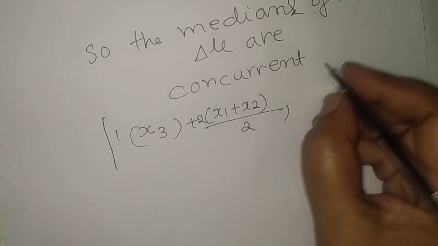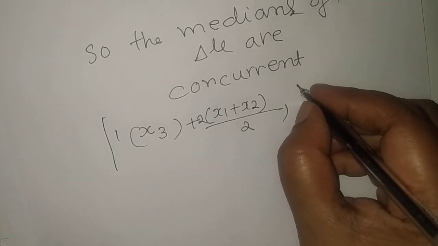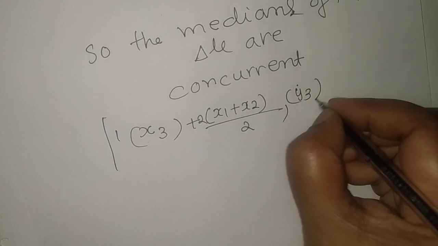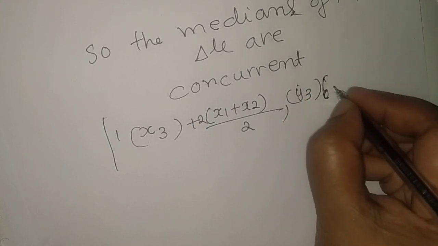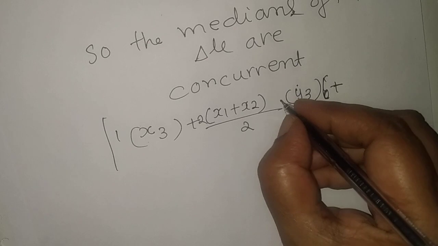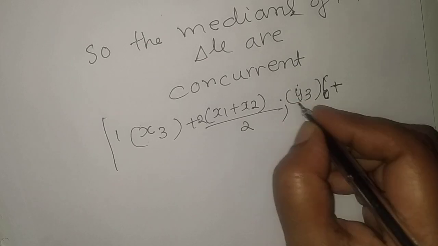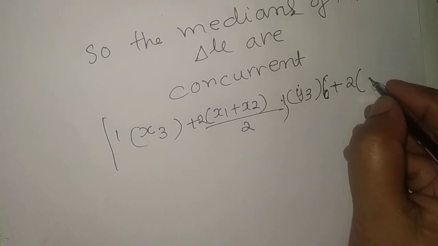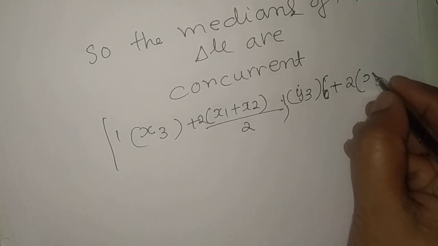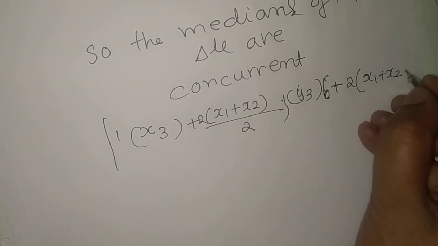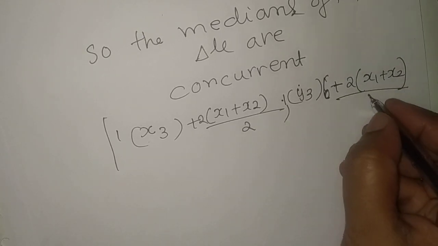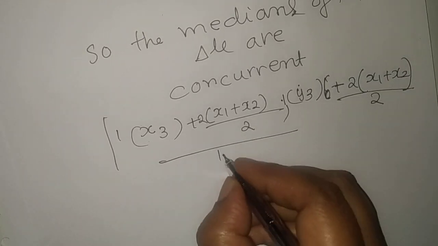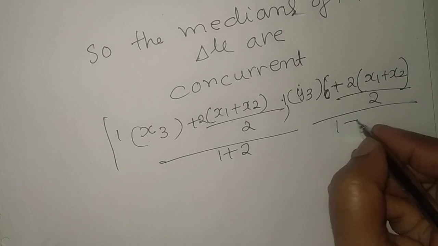And y3 again, y3 plus 1, again 2 into x1 plus x2, so divided by 2, then 1 plus 2, here 1 plus 2.